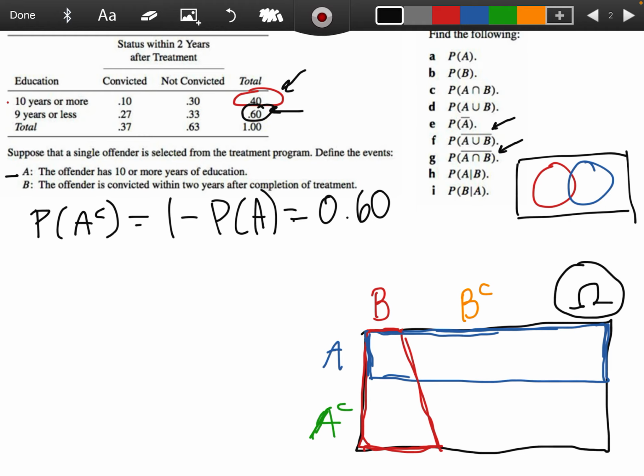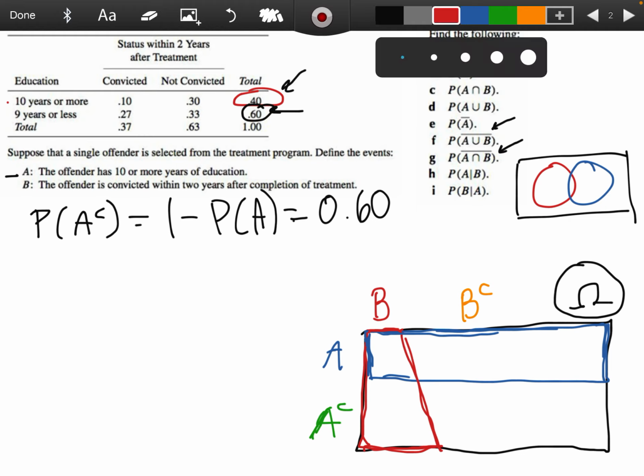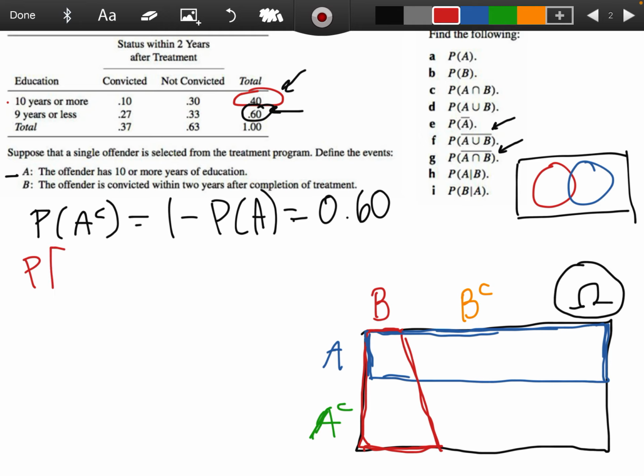Okay, so the next one, F, is the probability of, I'm going to write it in the notation we've been using, the complement of the union of A and B. So not the overlap, the union, A or B. What's the probability that it is not the case that A or B occur?